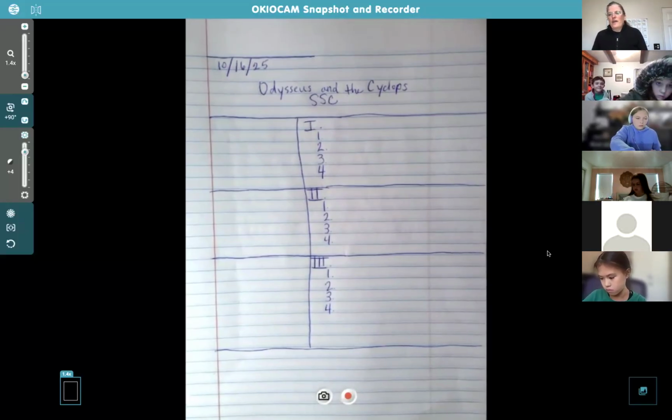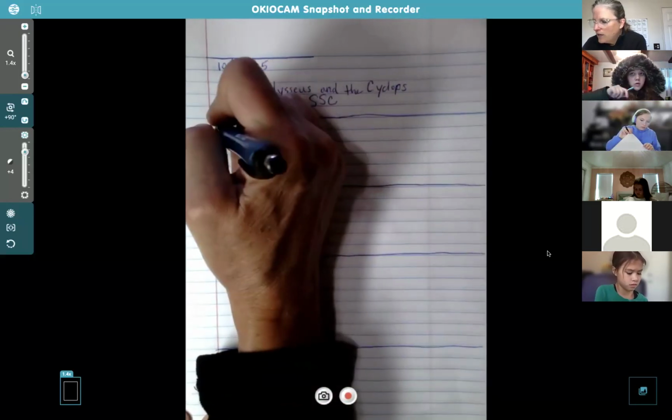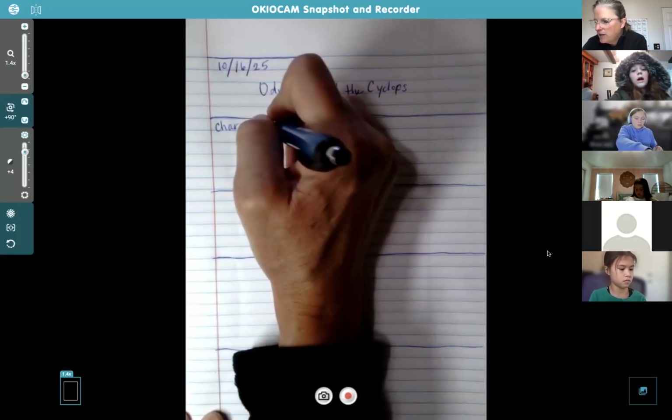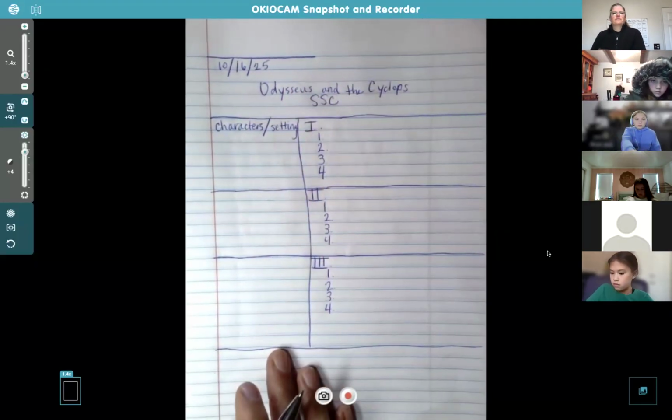And I already kind of gave away what happens in the first paragraph, but you remember from when we talked about the miller, his son, and their donkey, we introduced the characters first. So go ahead and put characters here and then put slash setting.